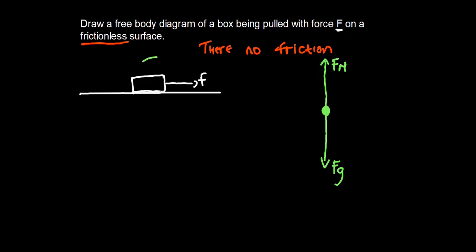Looking at our diagram, we can see that there is another force, and we look at the direction. We take this force, we put it on our free body diagram, and we label it force F, which is the force that is being applied.